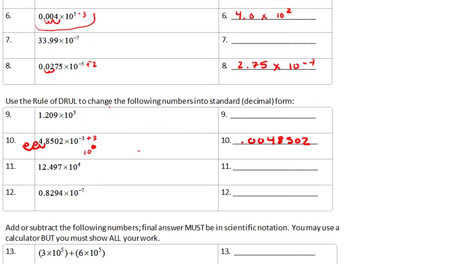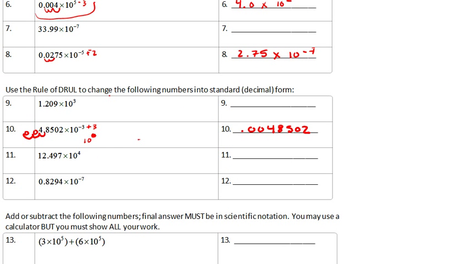Let's do another example. Number 12. I need to add 7 to clear my exponent. It means I'm going to have to go 7 places to the left. So 1, 2, 3, 4, 5, 6, 7.